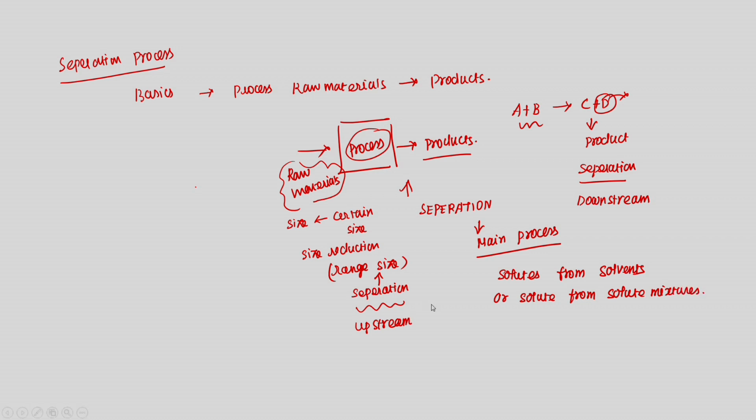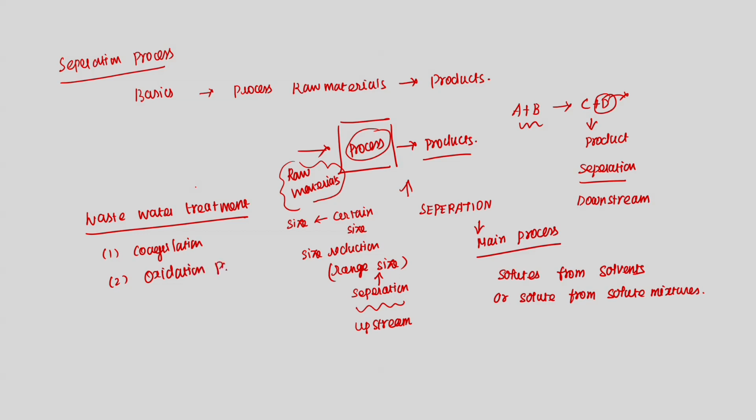For example, consider wastewater treatment, where membrane separation is also very famous. There may be three stages. The first stage would be coagulation or flocculation, the second stage would be oxidation ponds, and the third stage would be the membrane separation process.